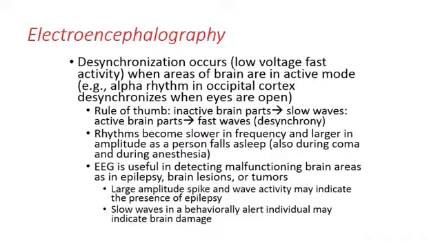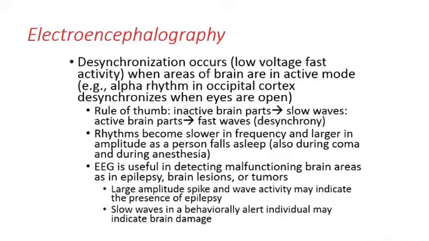So when desynchronization occurs, that's the beta waves, desynchrony, low voltage, fast activity, that would signal the brain areas that are in active mode or very much activity. And then, as a rule of thumb, inactive brain regions produce slow waves, and active brain regions produce fast waves or desynchrony.